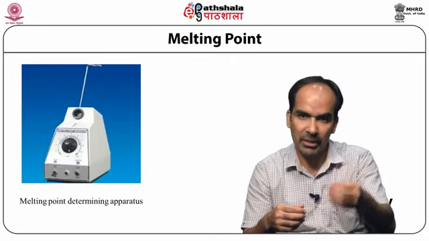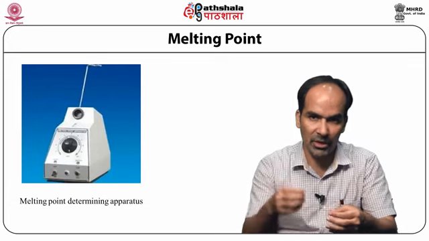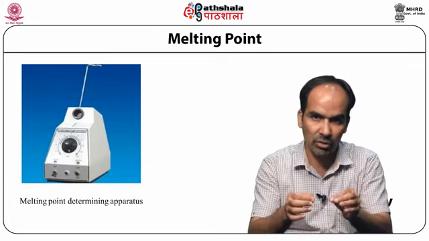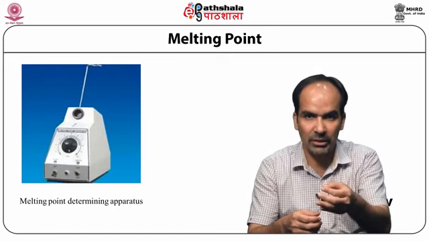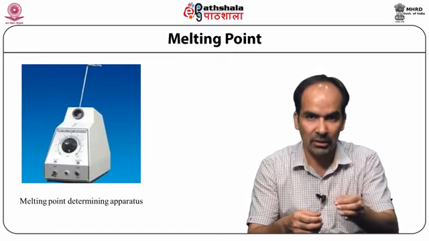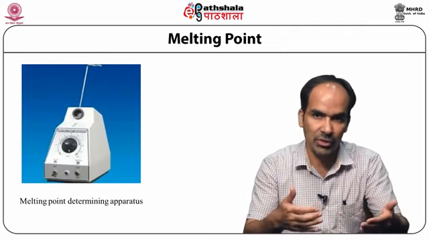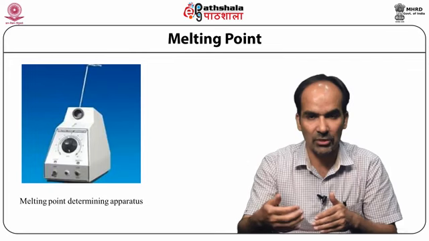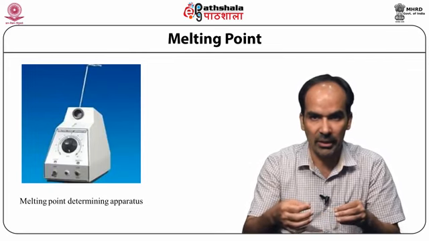The melting point apparatus has provisions for inserting a thermometer as well as a capillary so that both are visible at the same time. The thermometer is placed so that the graduations are very clear. It has illumination inside, so we can see the graduations of the thermometer as well as the physical state of the substance in the capillary.